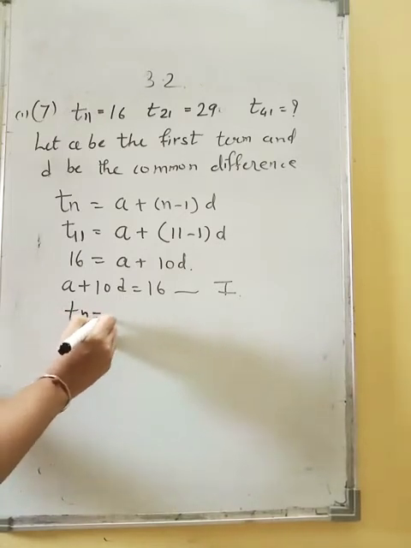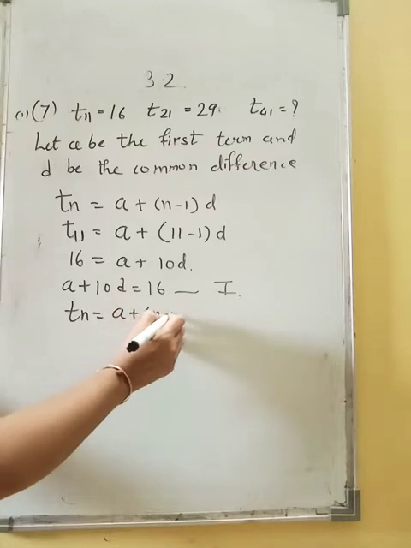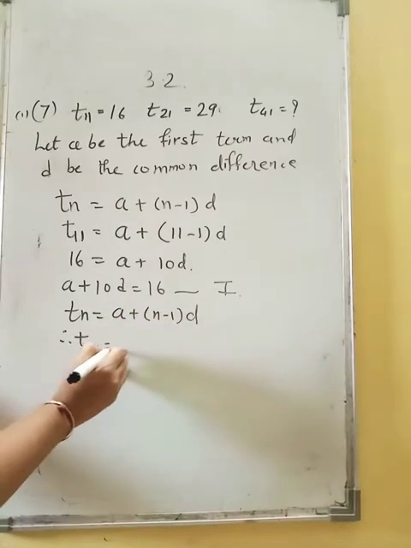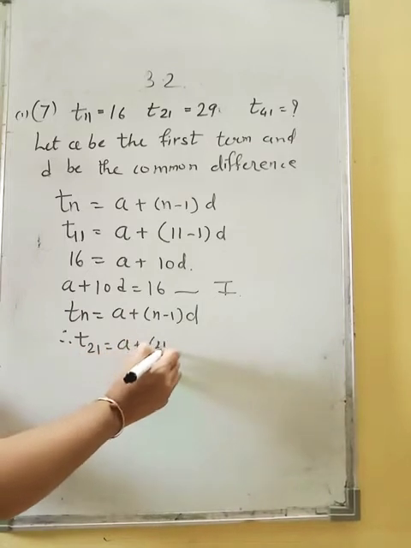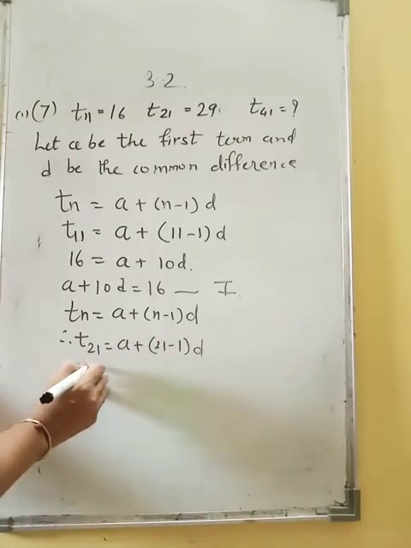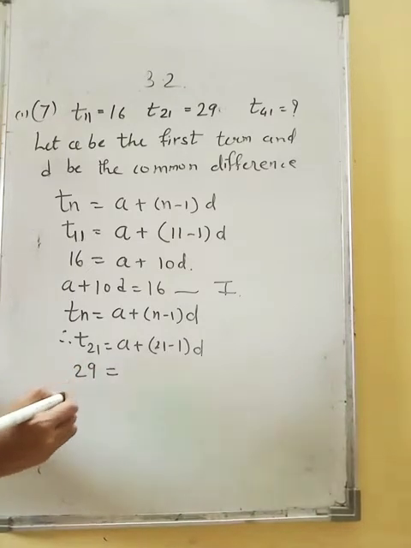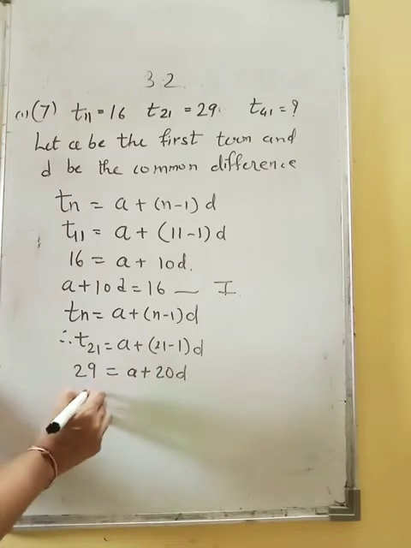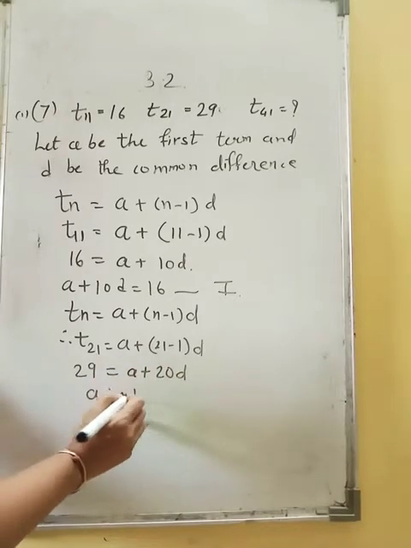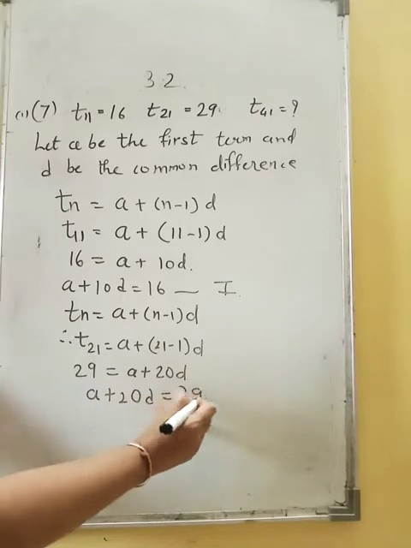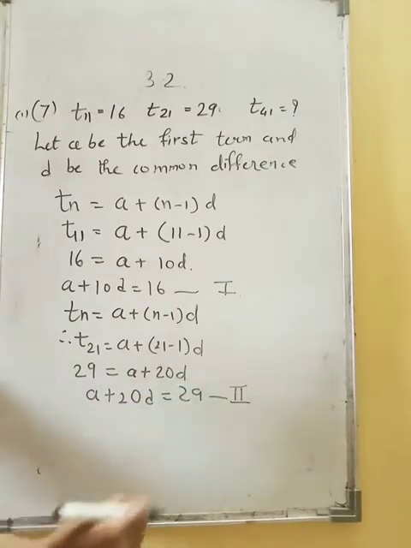Again, Tn is equal to A plus n minus 1 into D. Therefore, T21 is equal to A plus 21 minus 1 into D. Now what is the value of T21? 29. So 29 is equal to A plus 20D. If you write systematically, A plus 20D is equal to 29. This is the second equation.